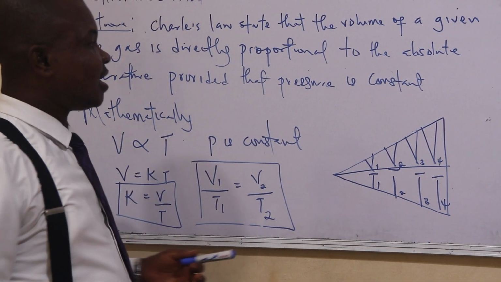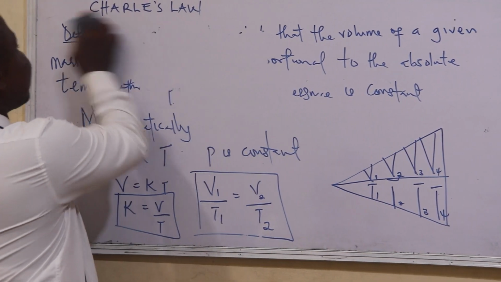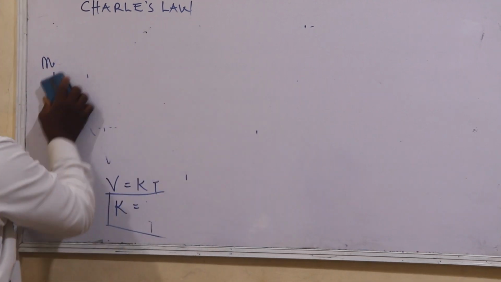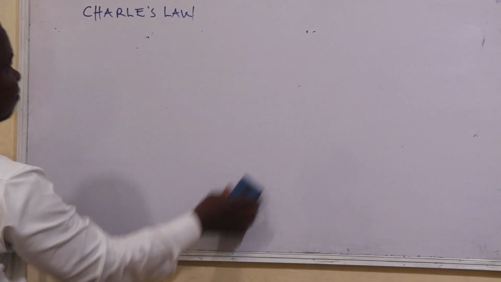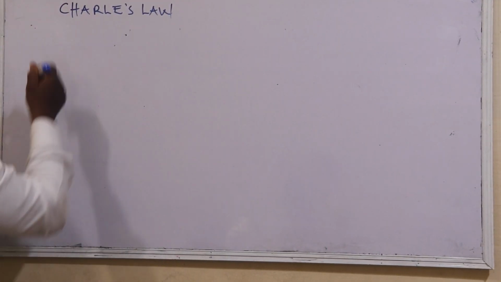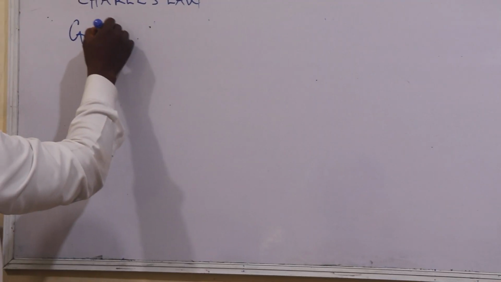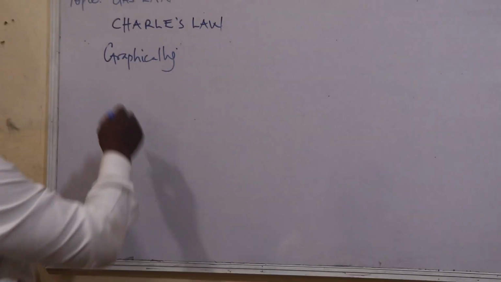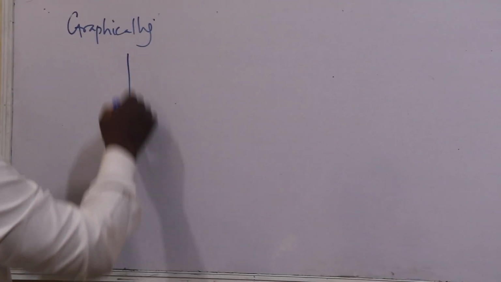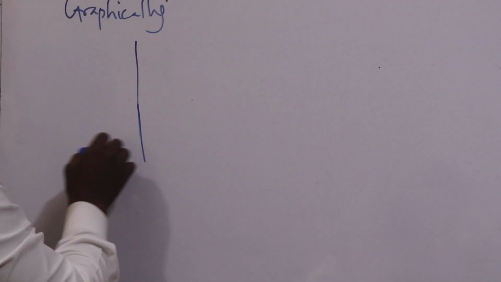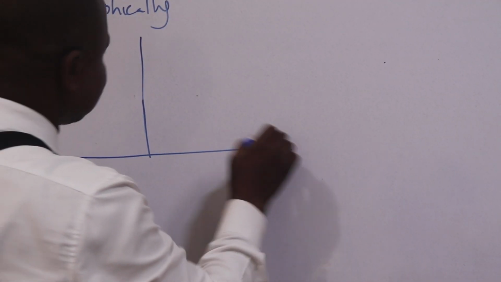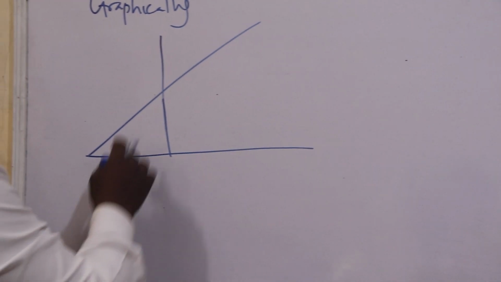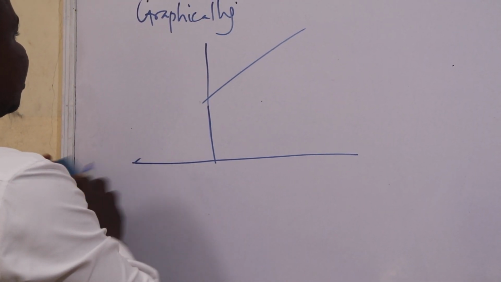Now, let's look at the graphical representation of Charles law. Graphically, the gas law can be represented in the following ways. Number one, you can have this. This is going to be extrapolated.